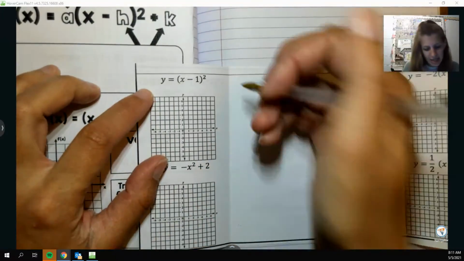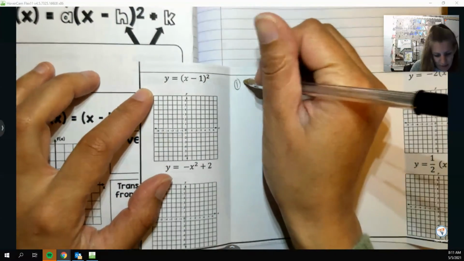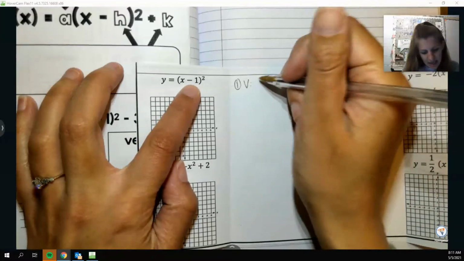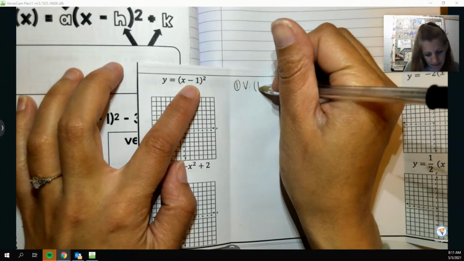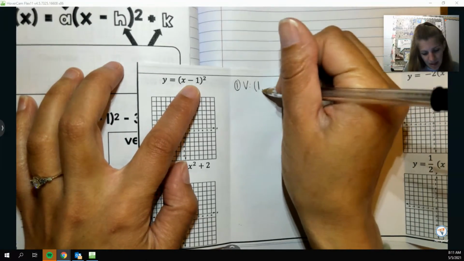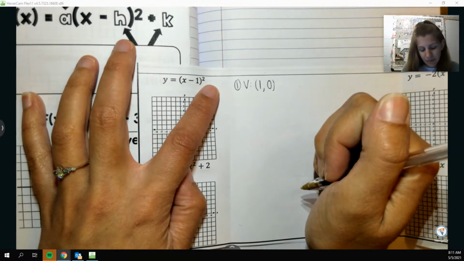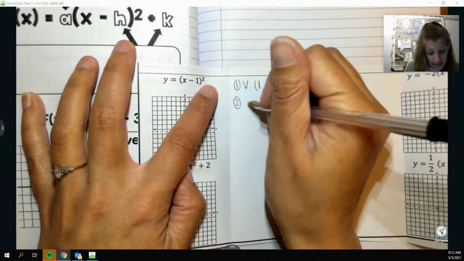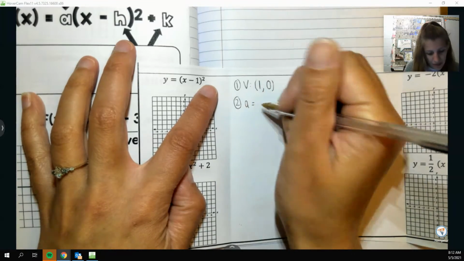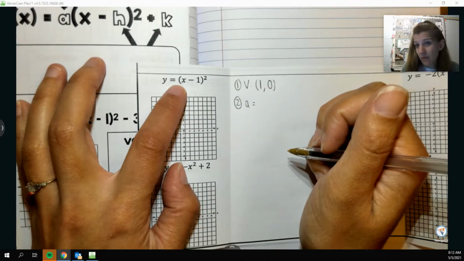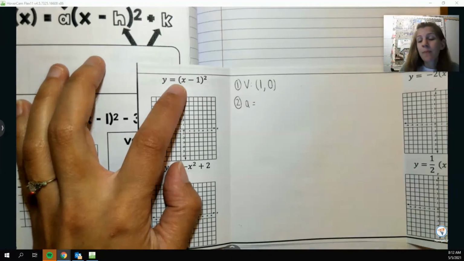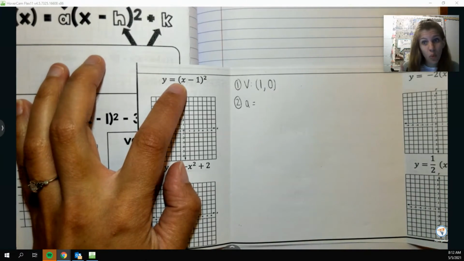Okay, so starting here, I first want to find my vertex. I'm looking inside parentheses, and I make it opposite. I'm looking outside parentheses. I don't see anything, so that's a 0. The second thing I want to find is my slope. That's the number always being multiplied in front, and I don't see anything there, which actually makes it a 1.